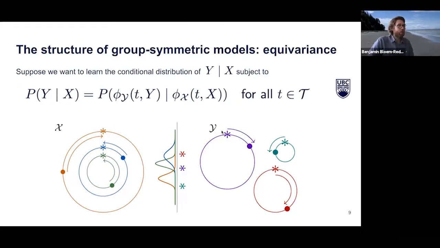Okay, so we can actually formalize this by setting up a coordinate system of orbit representatives, and so these are the stars on these equivalence classes. And so the idea is that I need a function that will map any point on this orbit to the star, and any point on the blue orbit to the blue star, and any point on the green orbit to the green star. Okay, so these are actually maximal invariants. They just represent the orbit.